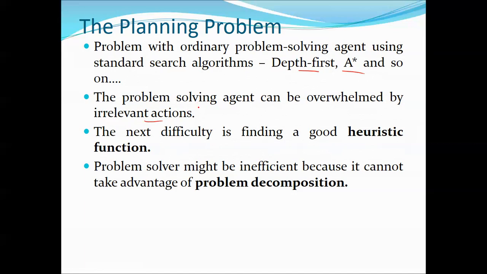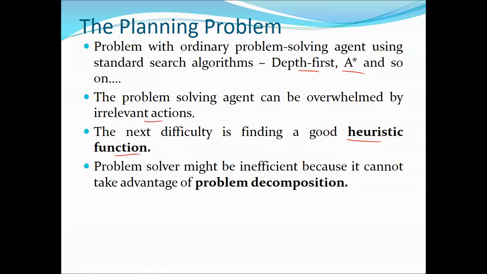Also, it is very difficult to find a good heuristic function. If you recall, to solve a problem using the A-star algorithm, first you have to find a good heuristic function. Your heuristic function is going to control the performance of the algorithm.